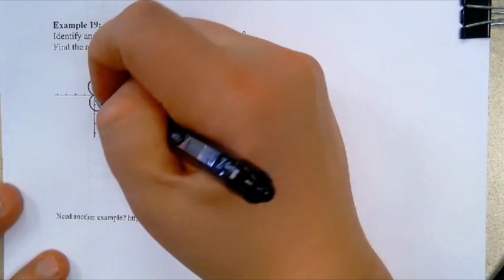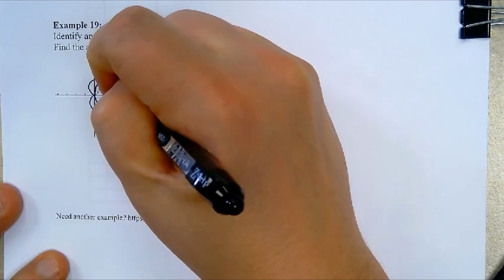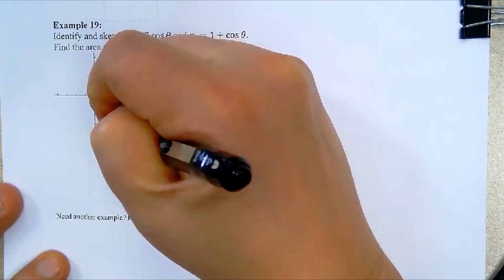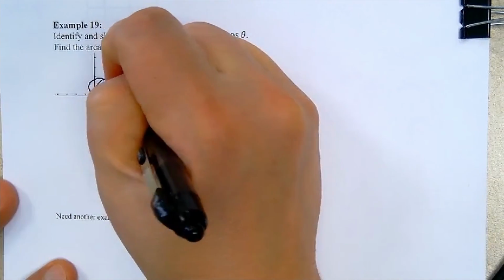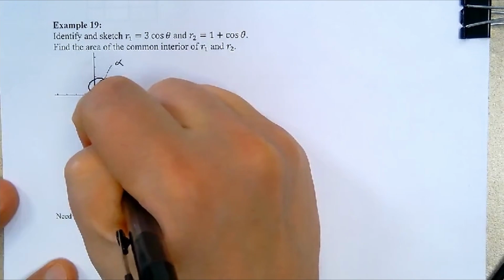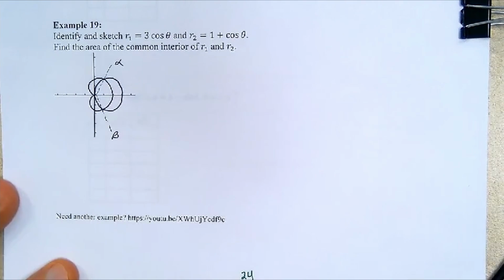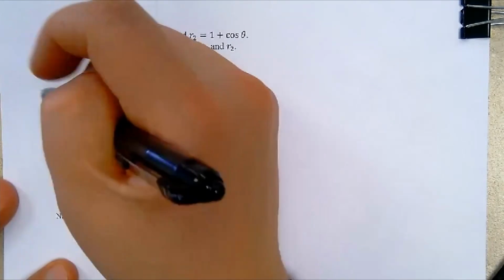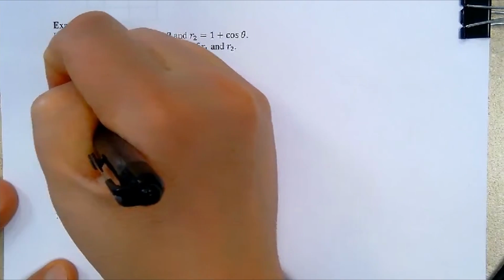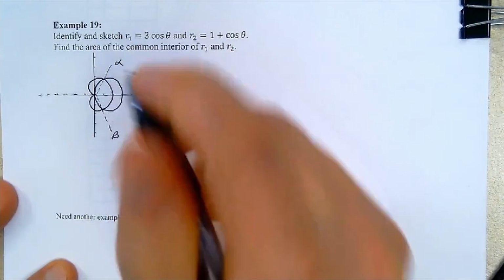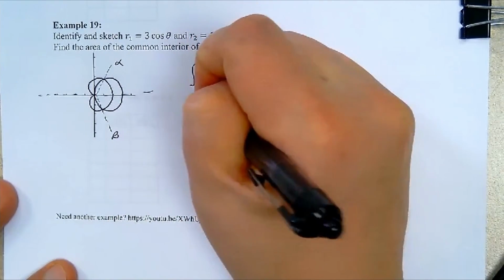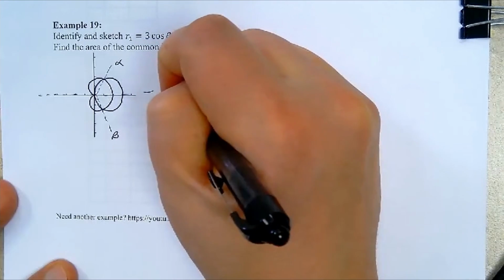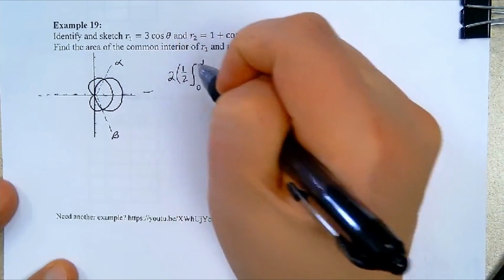So when I identify the two angles, alpha and beta, I'm going to take a slightly different approach here and recognize the symmetry right away. So that symmetry exists there. So when I go from 0 to alpha, the 2 and the 1/2 will cancel each other out because I'm doubling it.